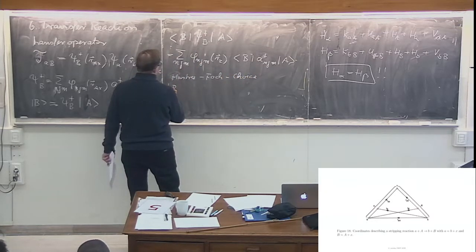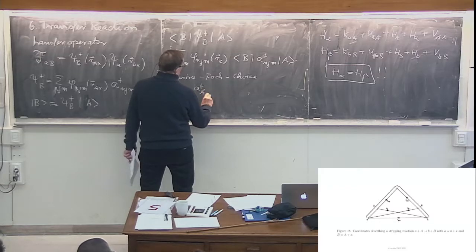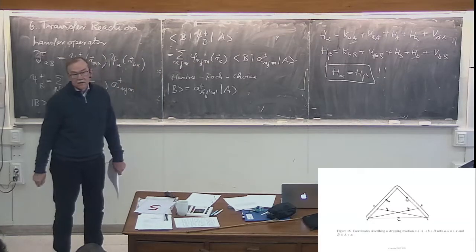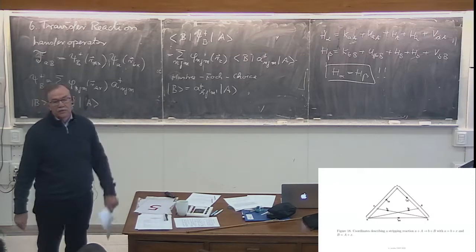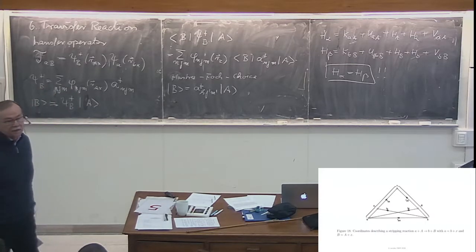Then I'm saying B is given by some k, j prime, m prime acting on A in second quantization. That is simple. I can also extend that to pairing. Then it's a quasi-particle operator, not a particle operator.